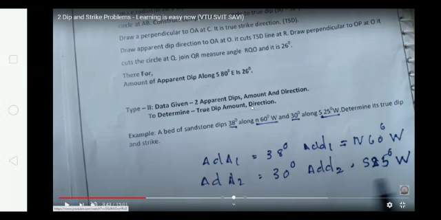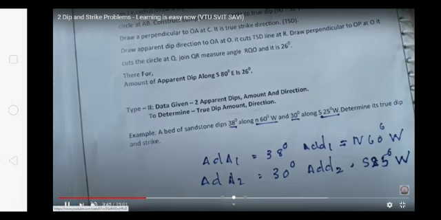Remember, true dip is always greater than these two. Whatever true dip you get should be greater than these two inclinations. Now we'll see how to solve that.